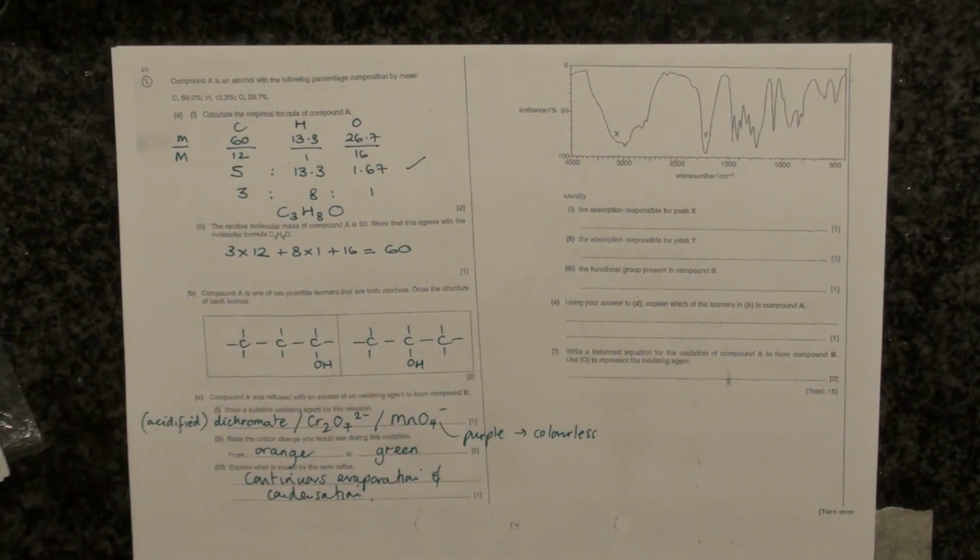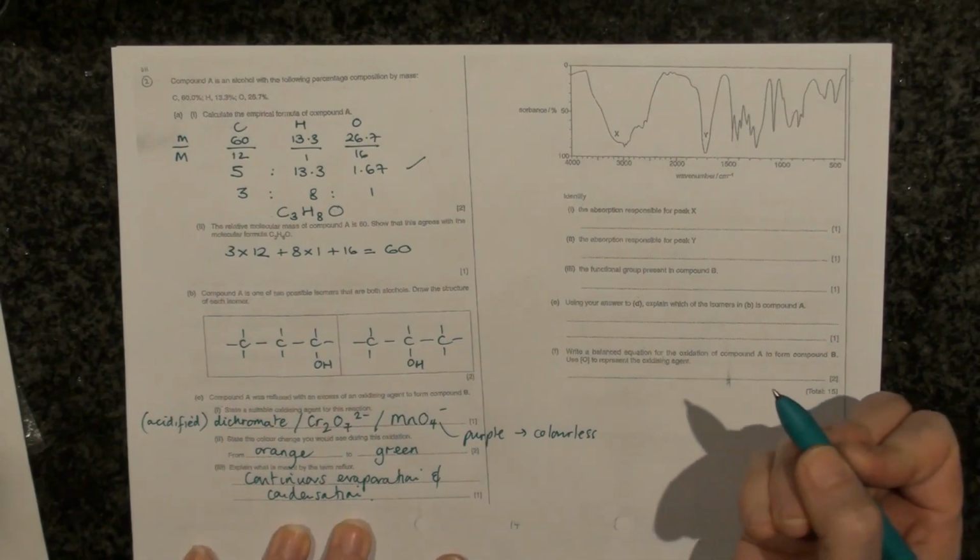Okay, on to our infrared spectra. So you're given that infrared spectrum of our compound B, and you're asked to identify the absorption responsible for X. So what they're asking you there is what part of the molecule, what bonded section of the molecule is responsible for that peak.